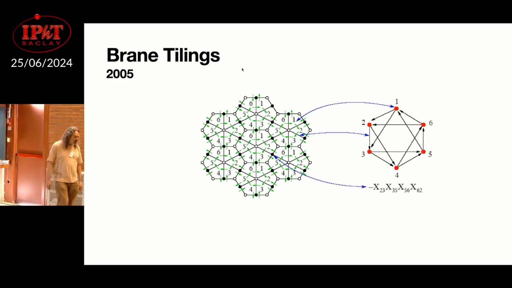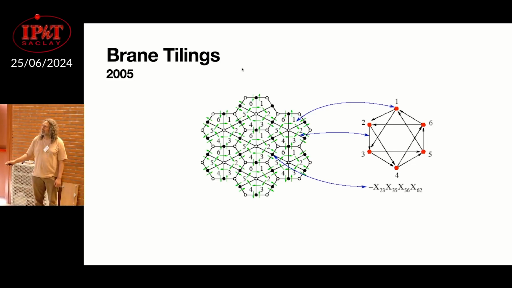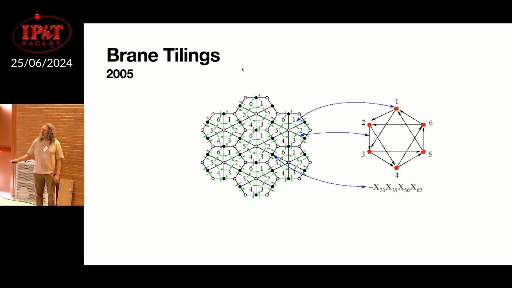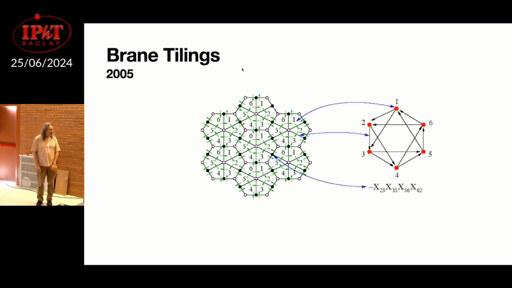But in terms of the tiling, we have 6 tiles, 6 nodes. So a tile maps to a node. An edge in the tiling maps to an arrow, and you could count 12 of them, 2 for each of those quadrilaterals.